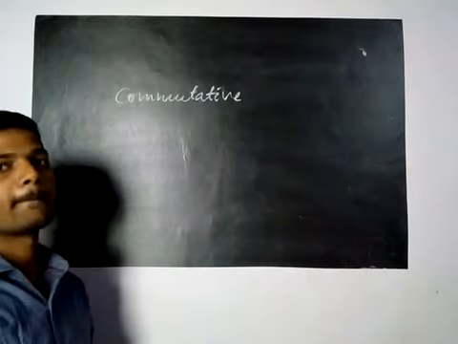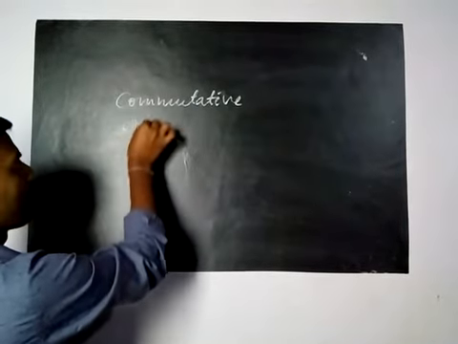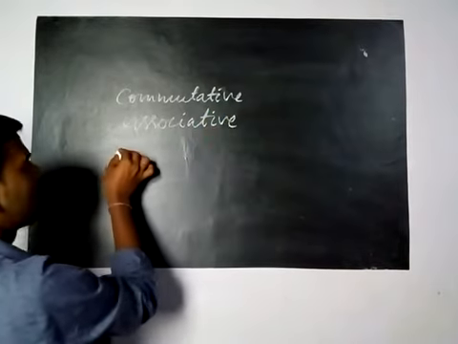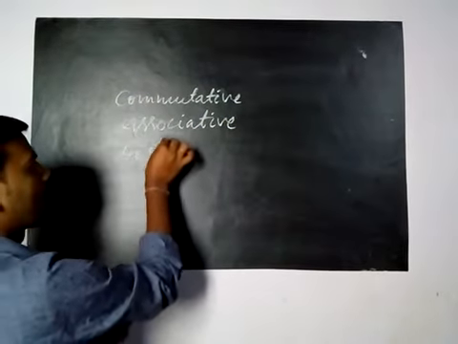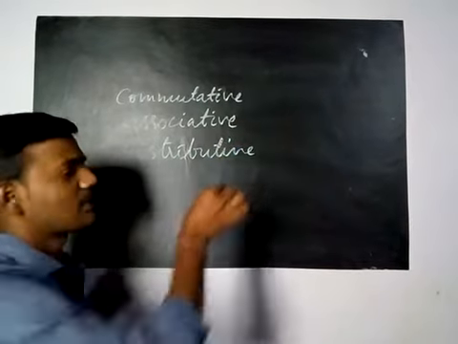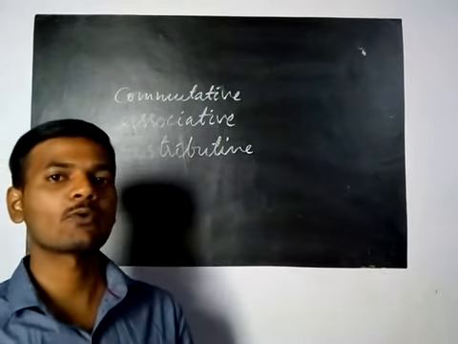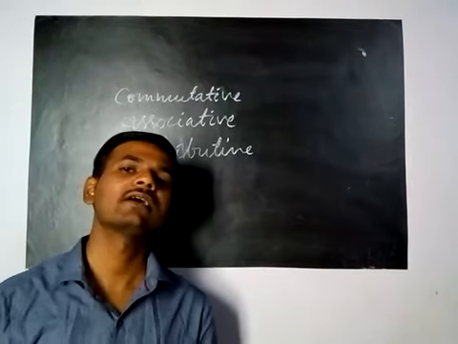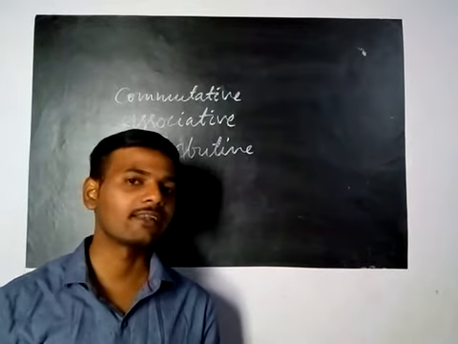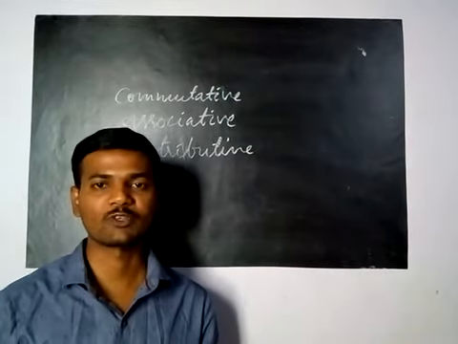Commutative property, associative property, and distributive property. These are the properties which are satisfied by the rational numbers under addition and multiplication, right?